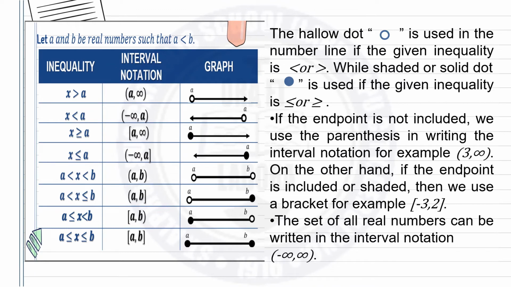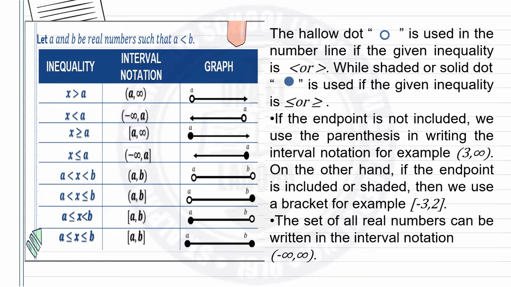The hollow dot is used in the number line if the given inequality is less than or greater than, while a shaded or solid dot is used if the given inequality is less than or equal to or greater than or equal to. If the endpoint is not included, we use parentheses in writing the interval notation. For example, (3, infinity).